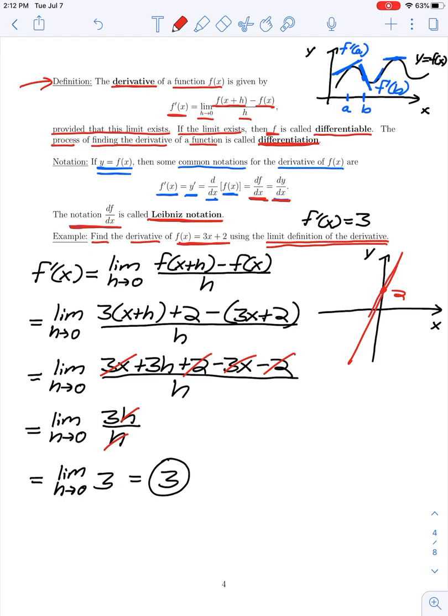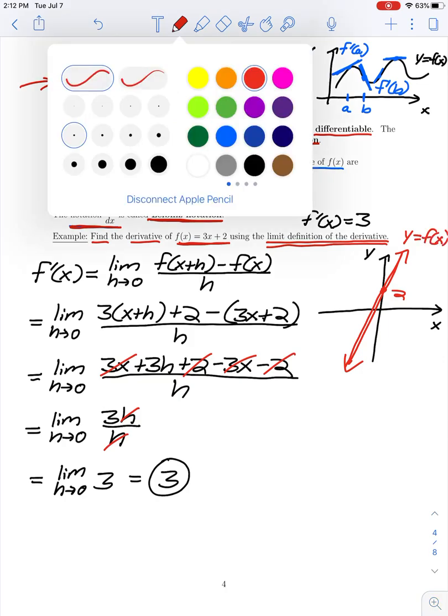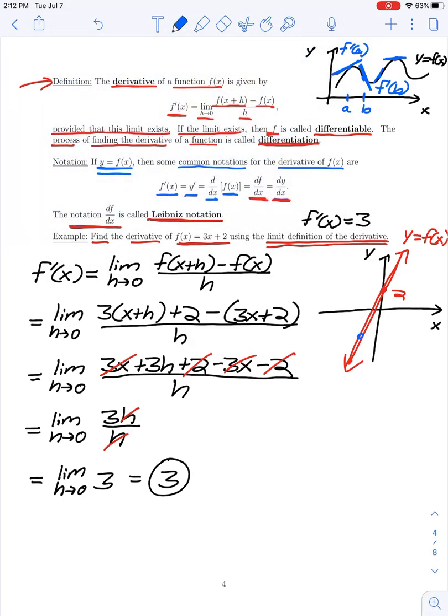So the graph of our function, y equals f of x, looks something like this. And for any point that we choose on the graph of this function, the slope of the tangent line to the curve through that point would be the exact same as the slope of the line itself, which is a line of slope 3. So hence, we would expect the derivative to be 3.